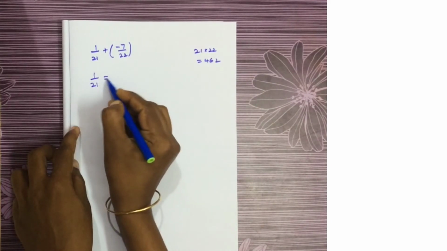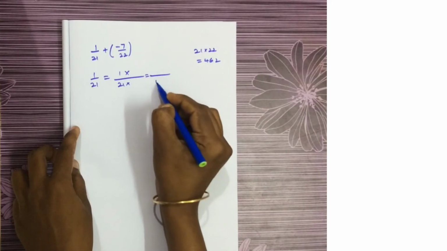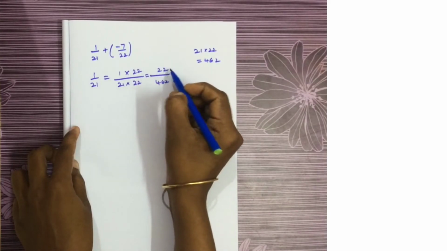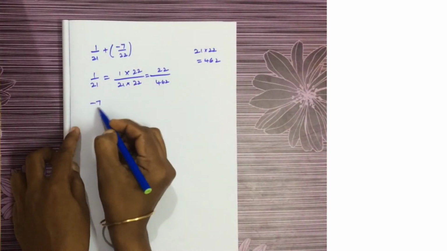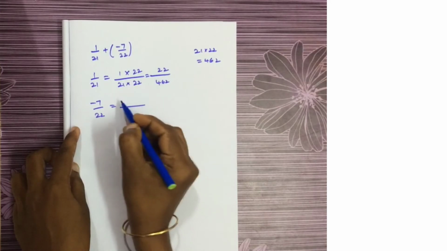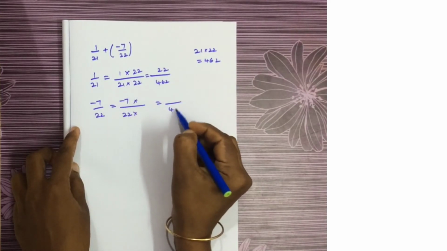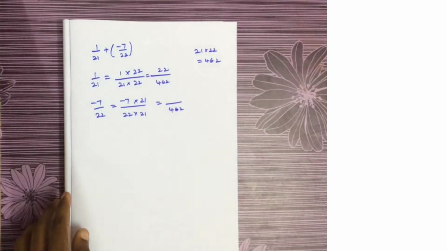So 1 by 21 multiplied by 22 on both sides is 22 by 462. The next thing is minus 7 by 22; 22 times 21 is 462, so you have to multiply by 21 in the numerator and denominator.